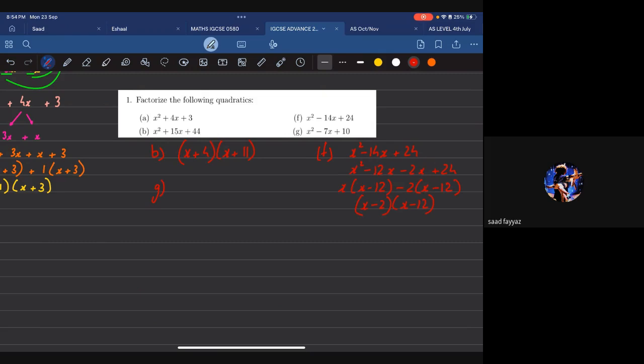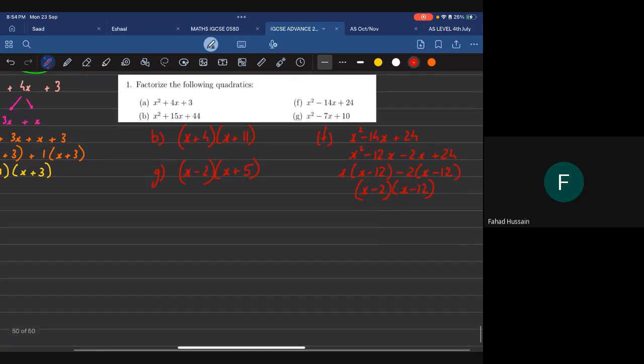What about G? Who's going to tell me about G? Ayan, would you want to tell us about G? Hello, Ayan. It would be x minus 2 and x plus 5. Sir, it is x minus 5. Okay, let's check.